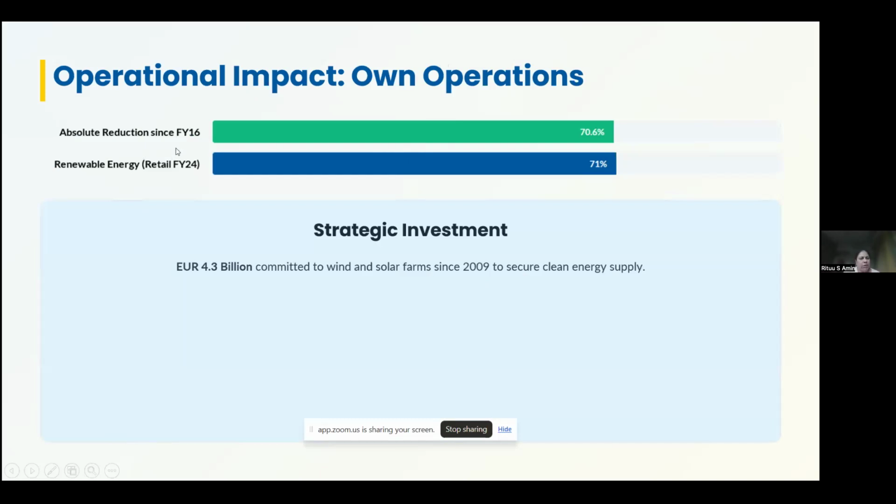So yeah, absolute reduction since FY16 is 70.6, and renewable energy, which is the same thing, they have reduced by 71%, which I mentioned in the earlier slide also. Strategic investment is they have invested 4.3 billion euros committed to wind and solar farms since 2009 to secure clean energy supply.